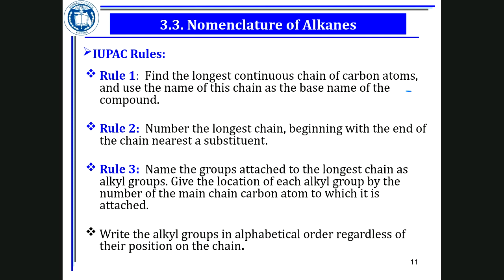You name the group that is attached to the carbon chain first and give the location of the alkyl group using a number. If you have more than one alkyl group, you can combine them if they are identical. If you are combining two alkyl groups, you would say di, then the alkyl group; for three alkyl groups, you would say tri, and then the alkyl.